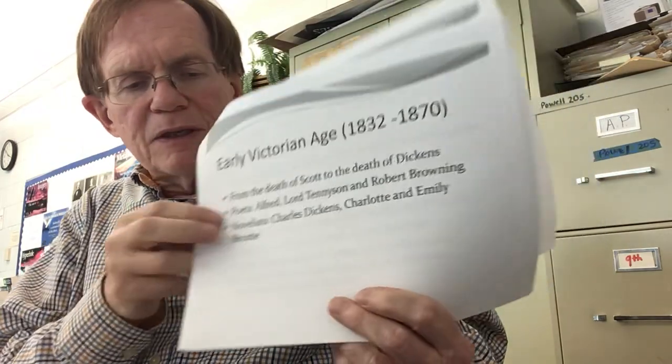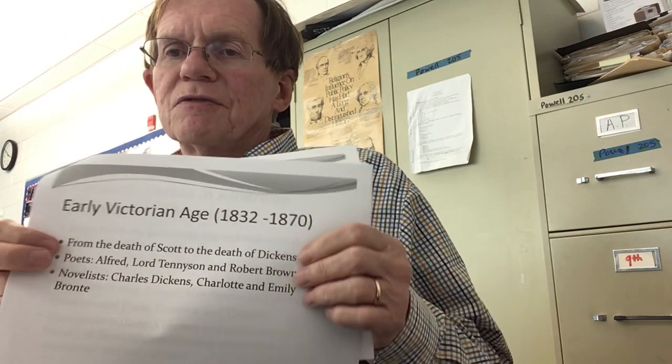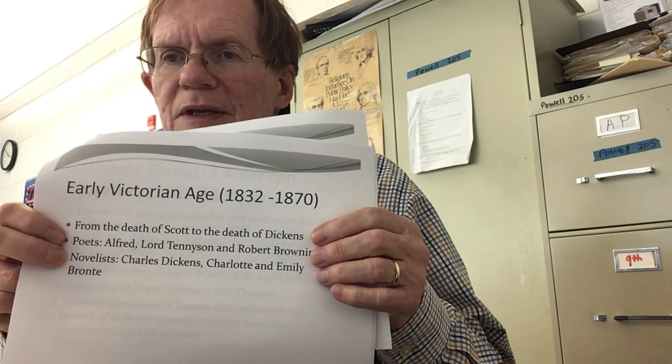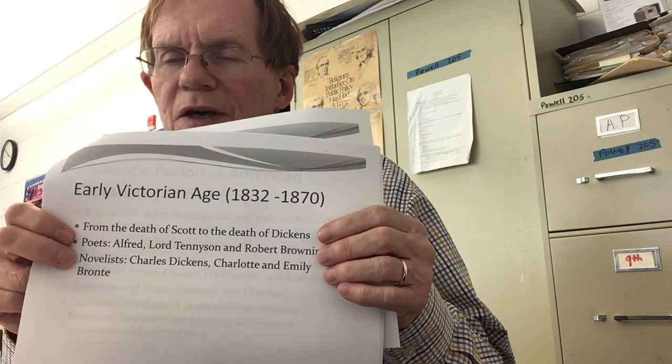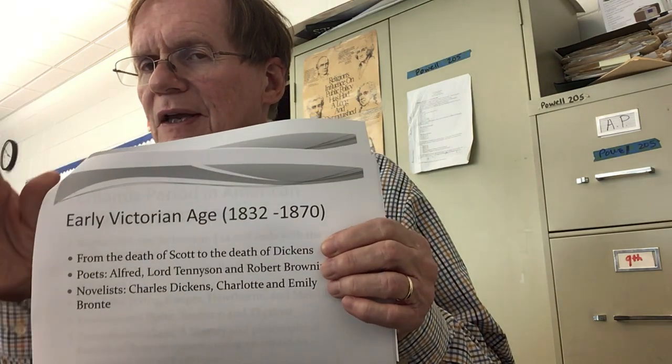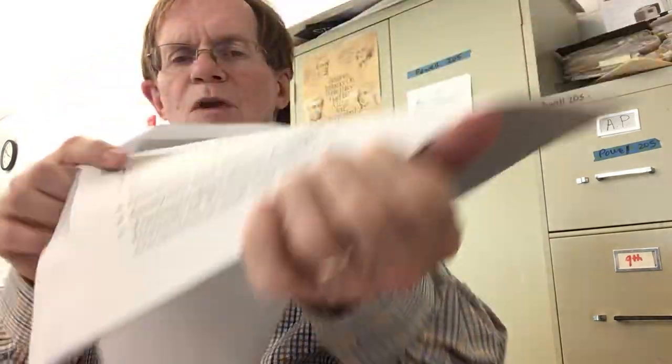And you need to be able to identify some poets of this Romantic section. There would be Tennyson and Robert Browning. And then novelists would be Charles Dickens and the Bronte sisters. So you need to be able to distinguish between novelists and poets of the first section and the second section, and the dates that mark those 2 sections.